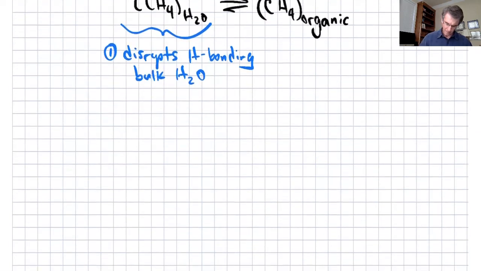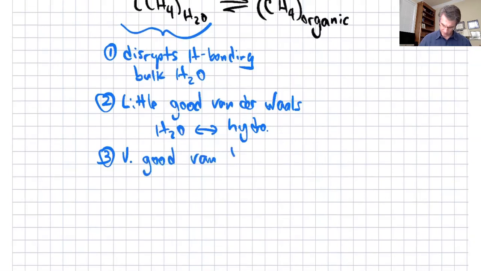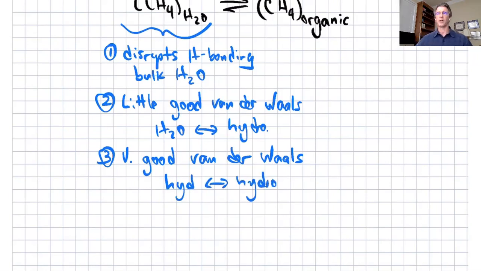So there are few good van der Waals interactions between the water and the hydrophobic. And at the same time, there are very good van der Waals interactions between the hydrophobic and the other hydrophobics. They're excellent van der Waals interactions when those guys clump up with each other.